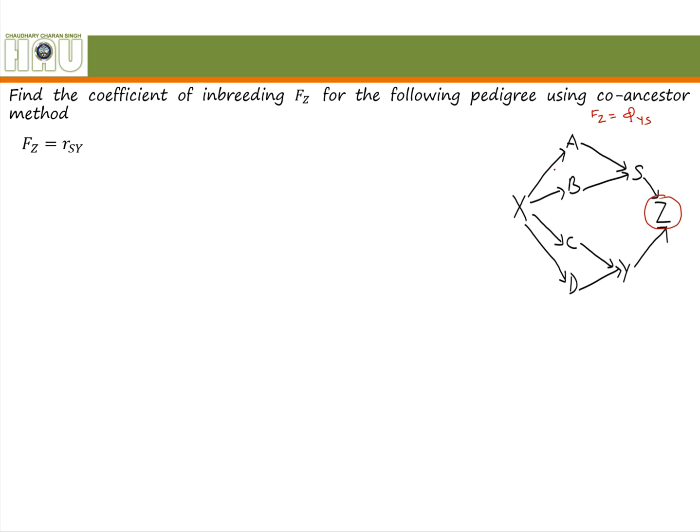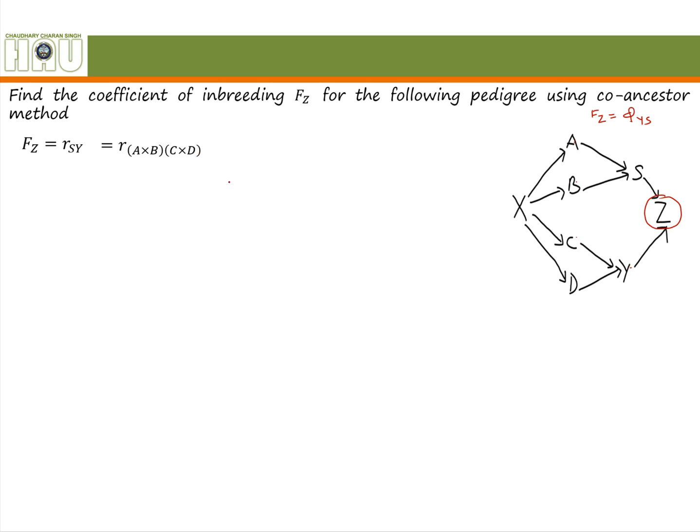So F of Z is equal to, I am using phi instead of r, the correlation between Y and S. S has two further parents A and B, and Y has two further parents C and D. So this can be written as R of AB, CD.